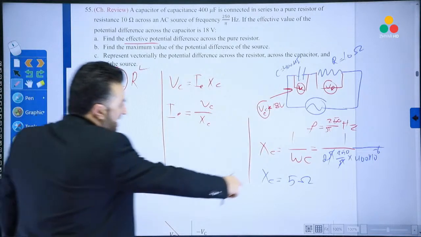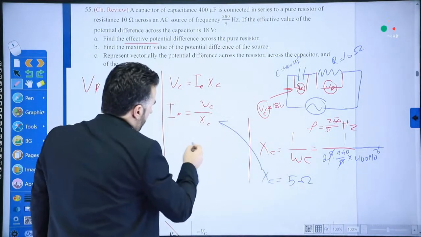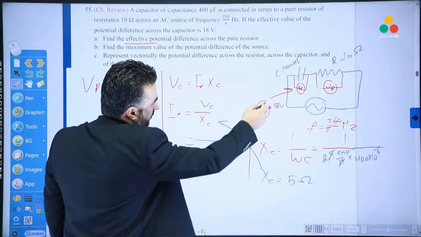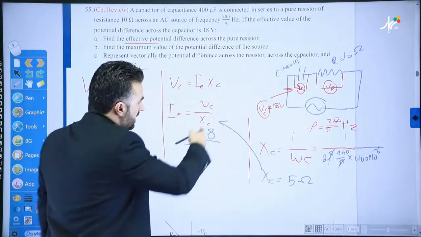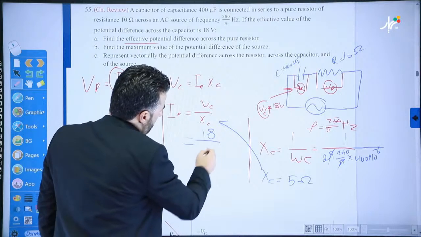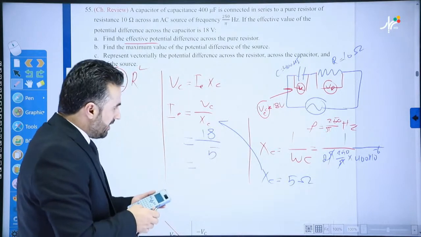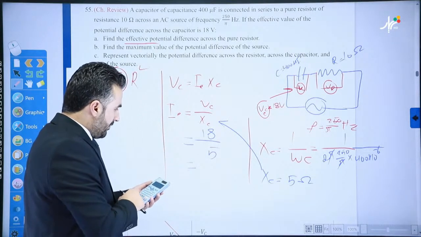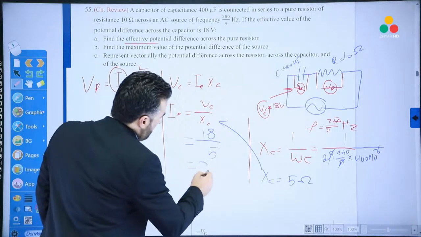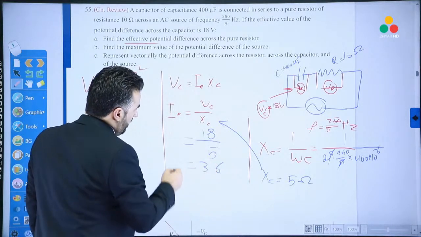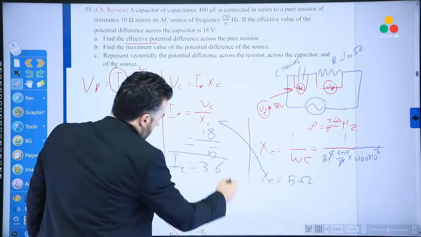If I have XC, now I can plug it in. VC, the voltage over the capacitance, is 18 volts, divided by XC, which we have just found, that is 5. So 18 divided by 5, the answer will be 3.6. So the current through the circuit is 3.6 amperes.